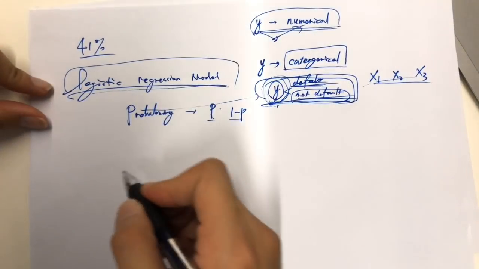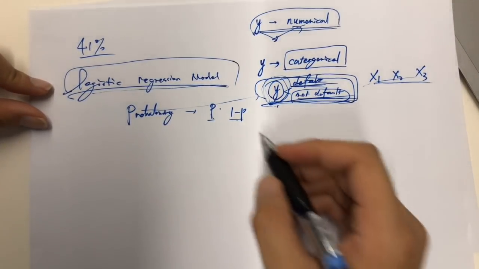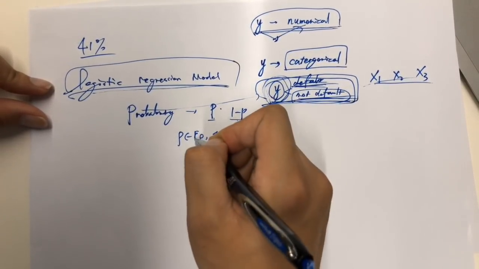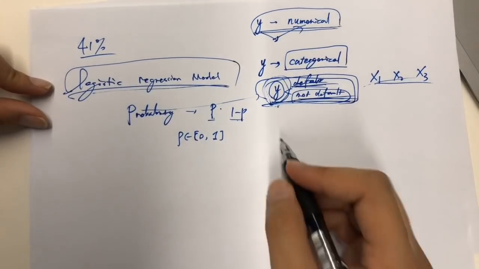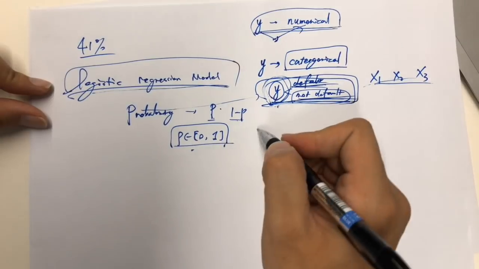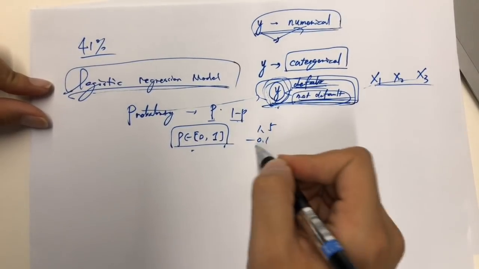But another problem is p has a range of 0 to 1, right? Very likely, if we do some regression and try to predict this p, we can easily get a probability of 1.5 or even minus 0.1 sometimes.